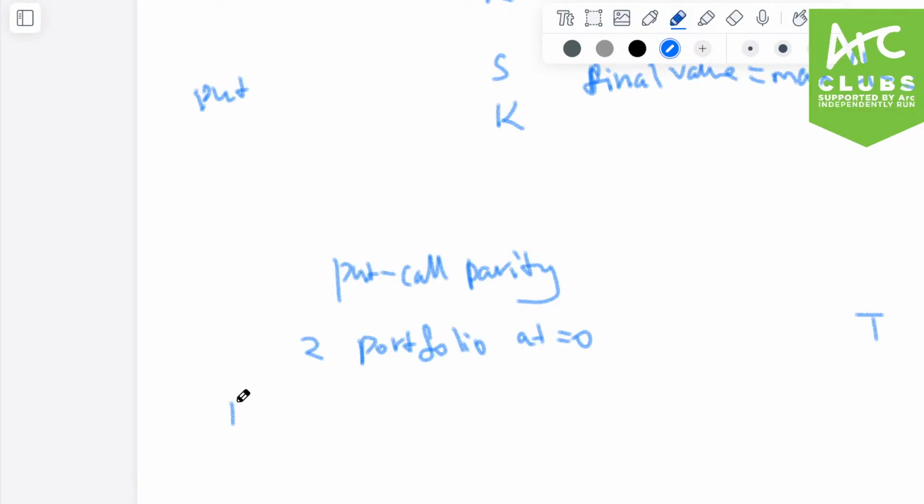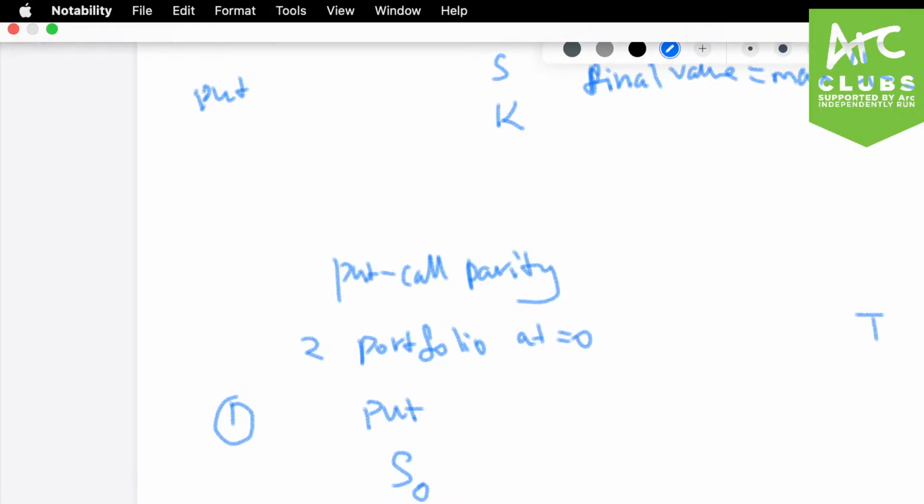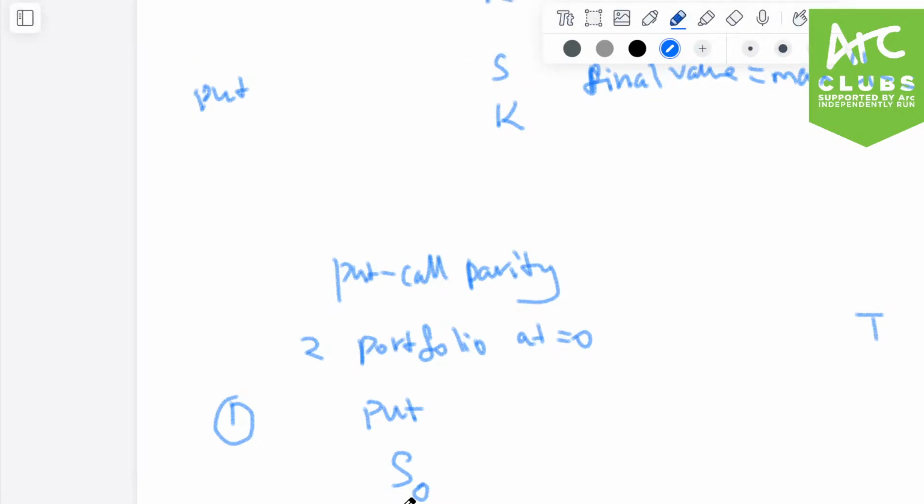In my first portfolio, I have a put option and I have the underlying asset at price S. Let's say it's S naught at time 0, so on the maturity date it will just become S, right?